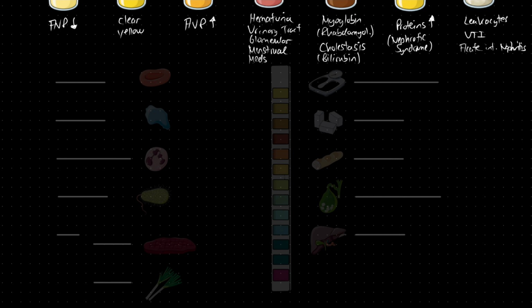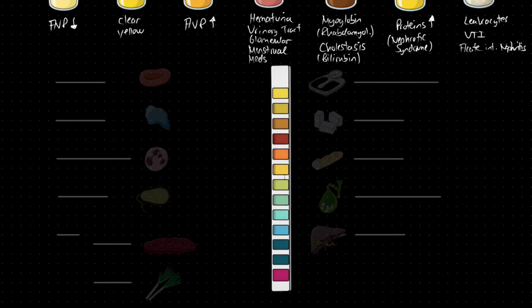Now let's talk about the urine dipstick analysis. Keep in mind that every manufacturer arranges the test fields differently. The order shown here is simply for educational purposes. Let's start with blood. A positive blood test on the dipstick does not necessarily mean that red blood cells are present. The dipstick actually detects the molecule heme.